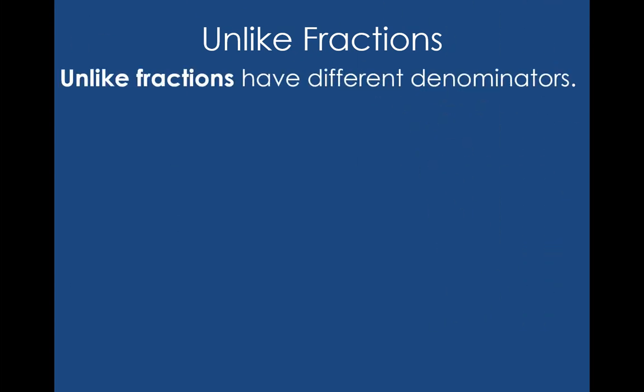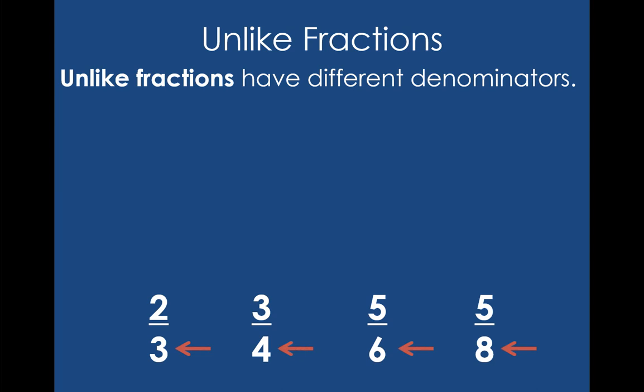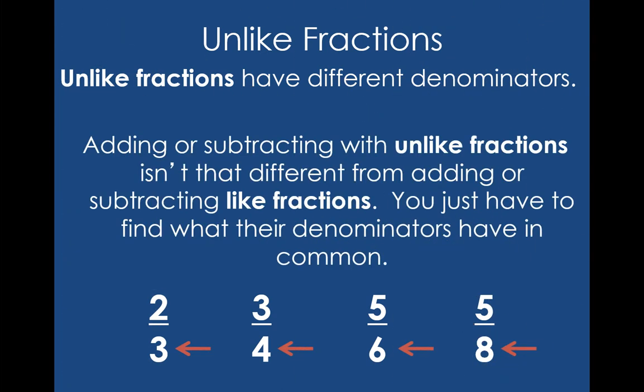Unlike or dissimilar fractions have different denominators. Those are our samples: 2/3, 3/4, 5/6, 5/8. Adding or subtracting unlike fractions is not that different from adding or subtracting like fractions.